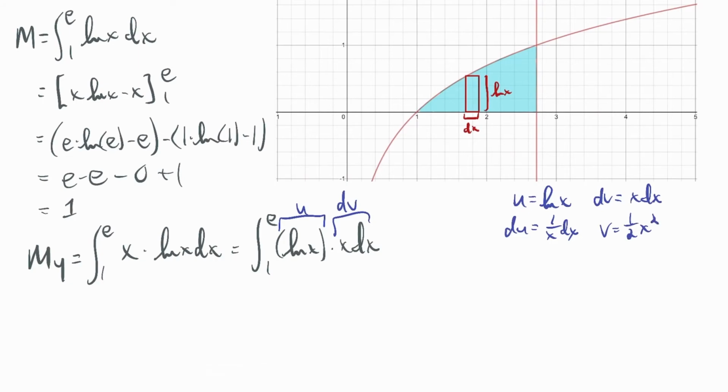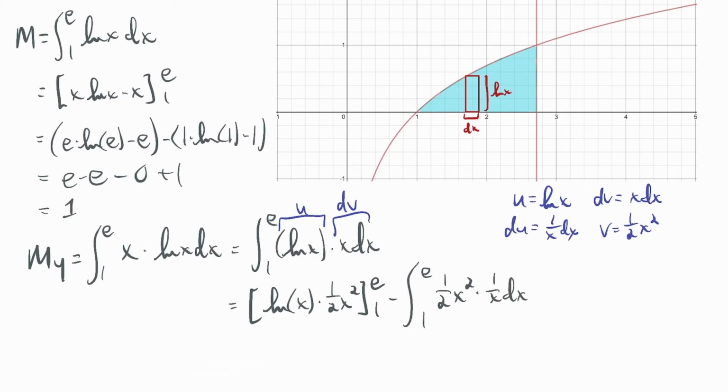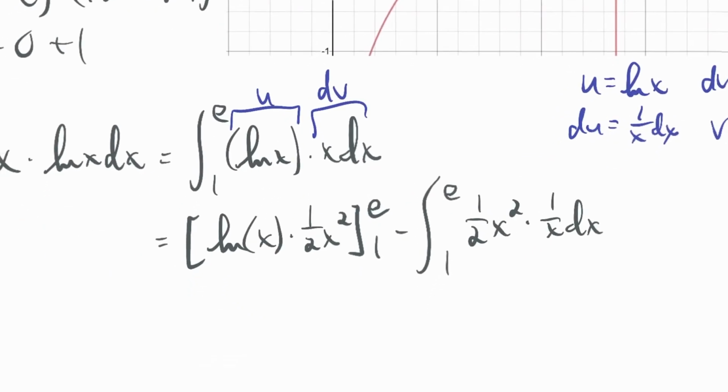So this equals ln of x times 1/2 x squared evaluated at 1 and at e, minus the integral from 1 to e of 1/2 x squared times 1 over x dx. Okay? So this we'll leave as is for now. We'll work that out in the next step.